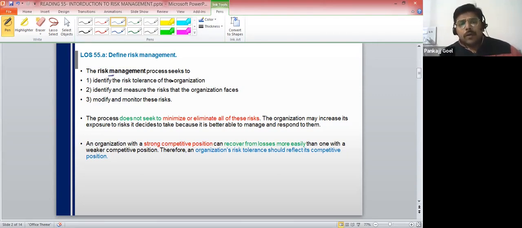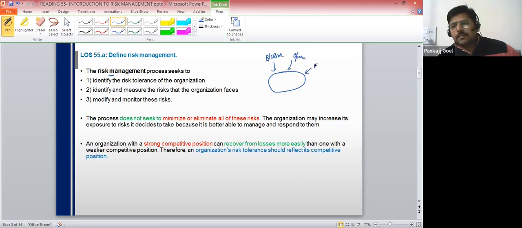For example, there is an organization, and there can be several kinds of risk. Let us say business risk is there, operational risk is there, financial risk is there, regulatory risk is there. So what happens in this risk management process?